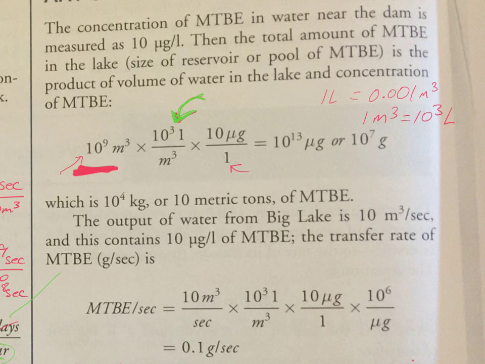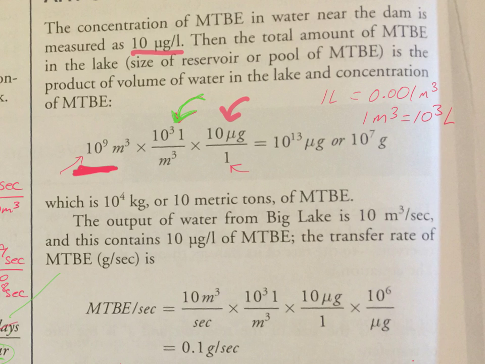So all these numbers are just conversions. And as we go through and look at where they got each of these numbers, you see that 10 micrograms per liter, that's where they got this, right? It's 10 micrograms over 1 liter. We want liters to cancel out, so we put our 10 to the third liters.